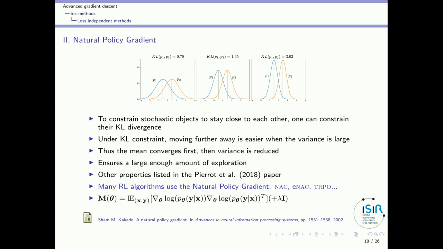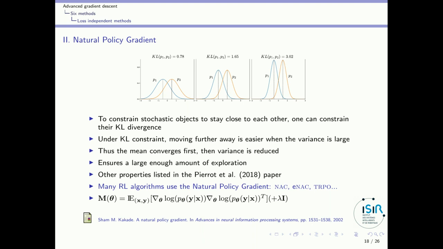So the most important property is illustrated here. Here you have 2 points, P1 and P2, with different variance: a large variance, an average or middle variance, and a small variance. And you can see that with a large variance, the KL divergence between those two Gaussian distributions is rather small. This one is intermediate, and then this one is large.